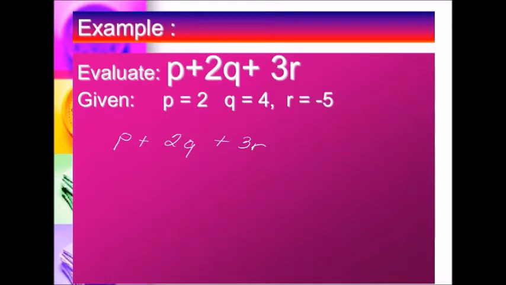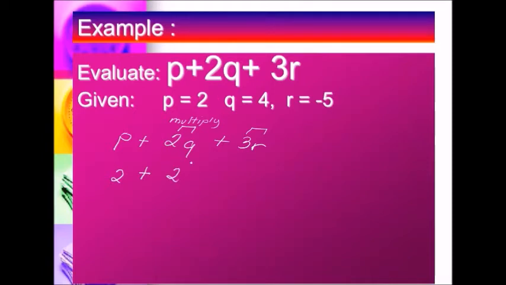Kung multiplication ito, always remember pag isang number or isang letter or several letters are written side by side, it means that the operation is multiplication. So ibig sabihin, pagbaba nito, kung P becomes 2, we bring down the addition sign and bring down lang din yung 2.